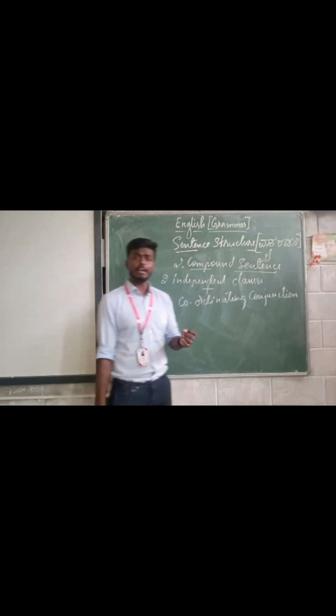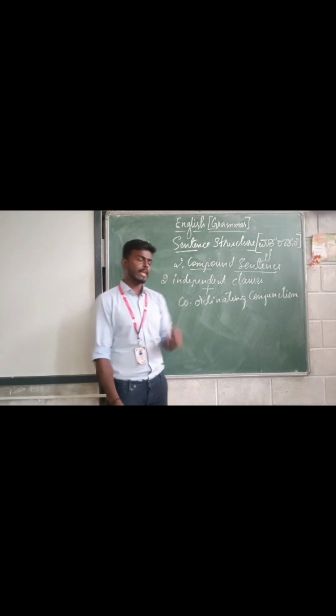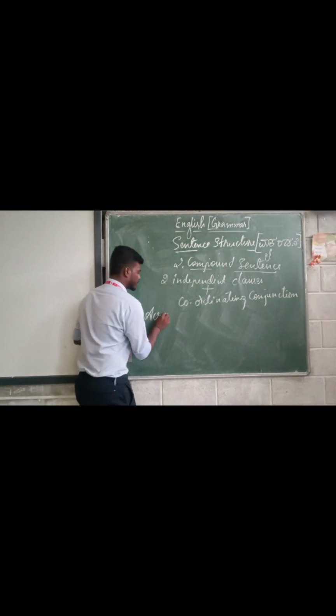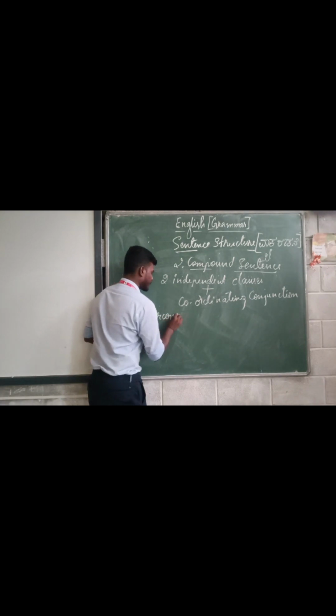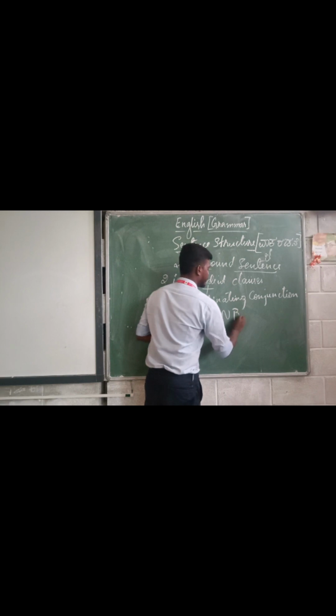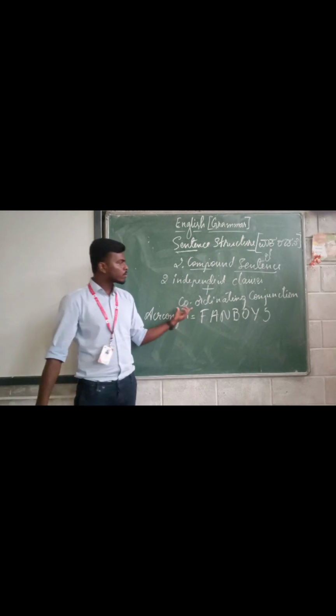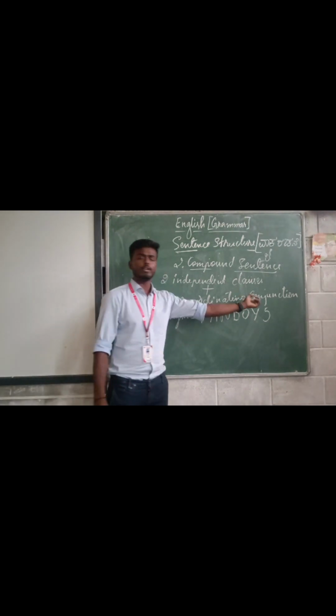So do you have any idea what are coordinating conjunctions? So I'll give one acronym. Write down one acronym. That is FANBOYS. So this acronym helps you to remember the coordinating conjunctions.